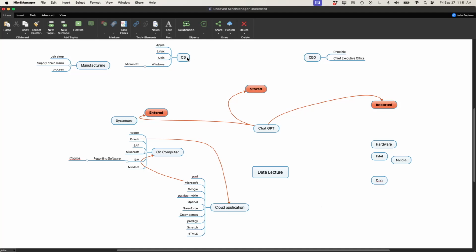The other thing that we talked about in the very first class is the operating systems, right? So you've got Windows, you've got Apple iOS, you've got Unix, you've got Linux. So anytime that there's software that runs on a computer, it utilizes one of these operating systems, okay? So like Sycamore runs here.